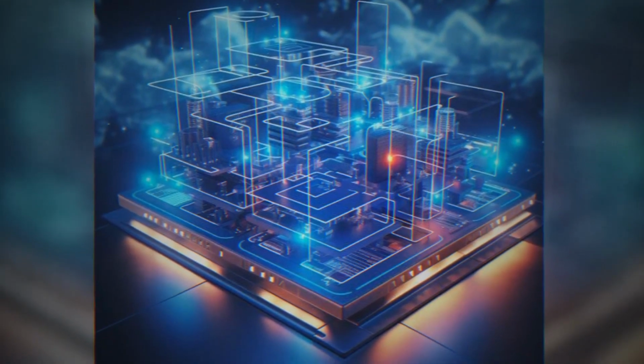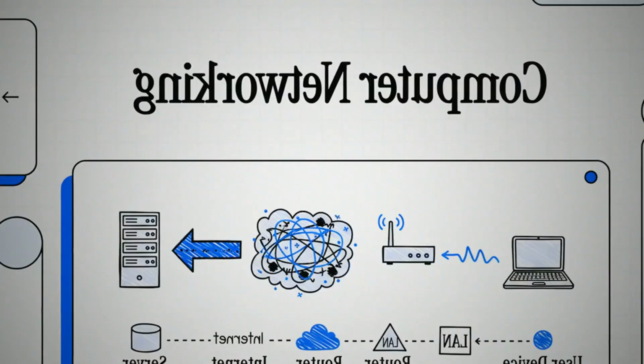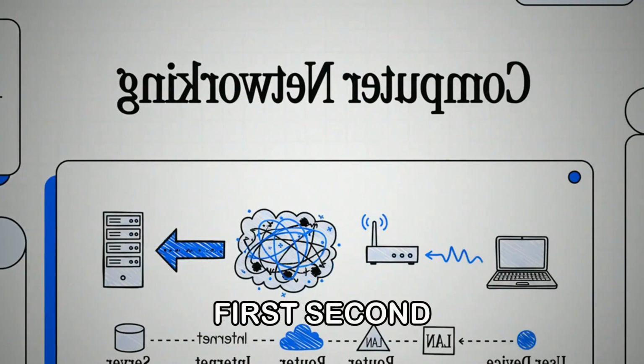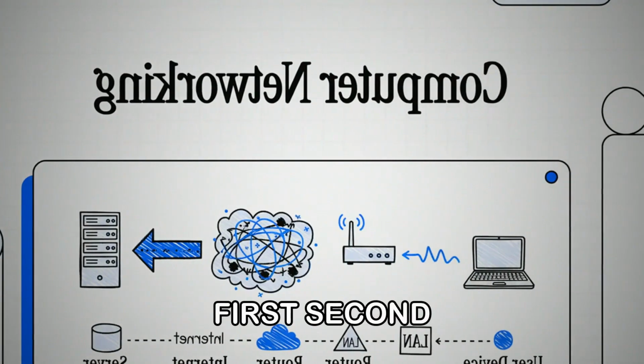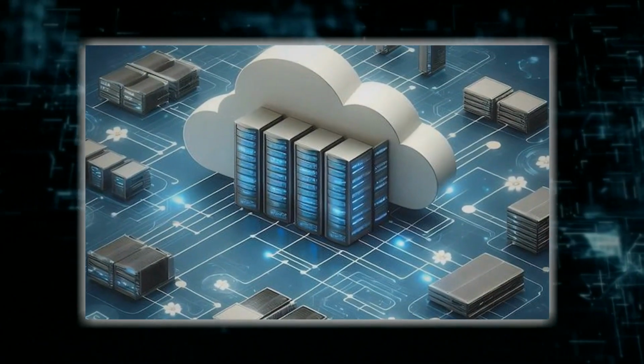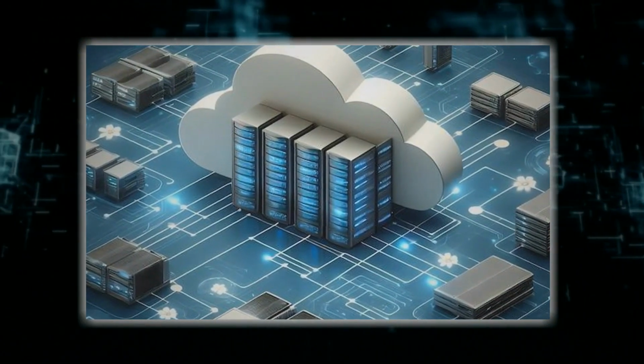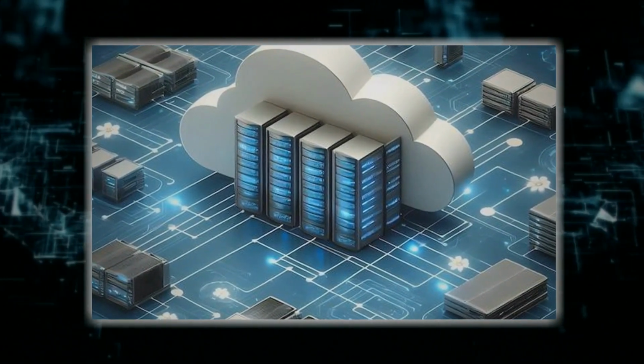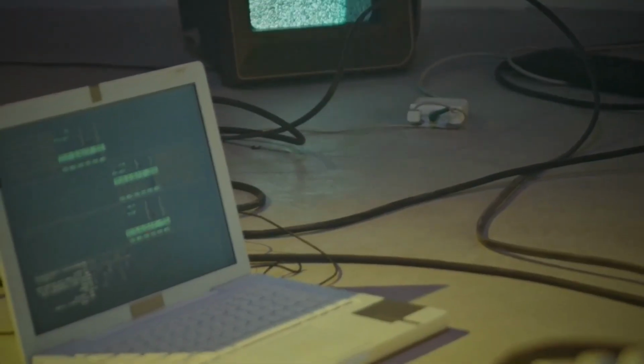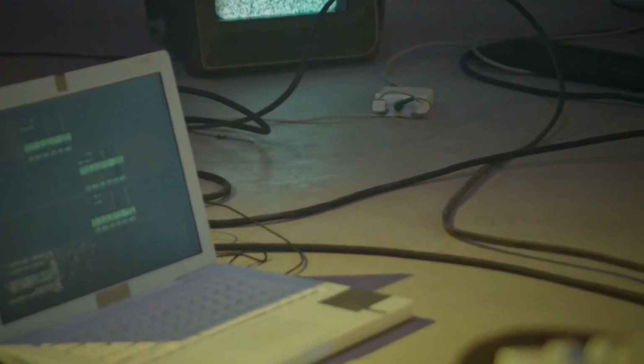Now let's take a breath and appreciate what has happened so far, because we're still in the first second or so after your click. Your device translated a name into an address using a distributed global database. It constructed packets and handed them to a chain of routers that independently forwarded them across a network of networks, using routing tables built through a protocol that lets tens of thousands of autonomous systems negotiate connectivity in real time.